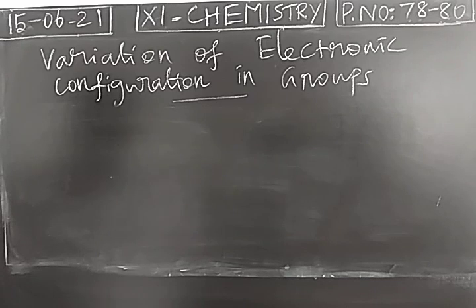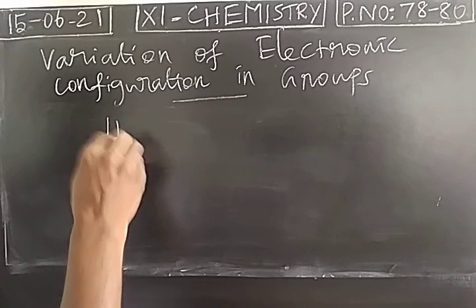The main thing you have to remember is that electronic configuration is very important. With the help of electronic configuration, we can predict the property, because valence electrons are responsible for chemical bond formation and chemical reactions. Elements with a similar outer electronic configuration will have similar properties.